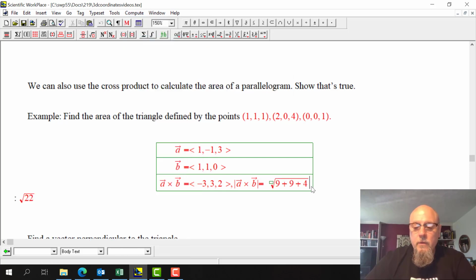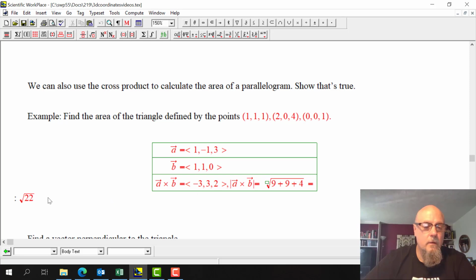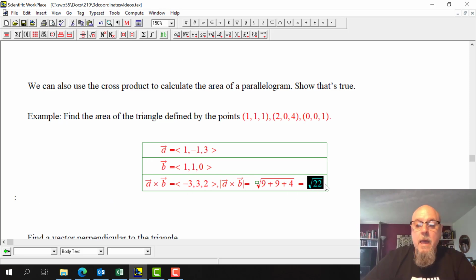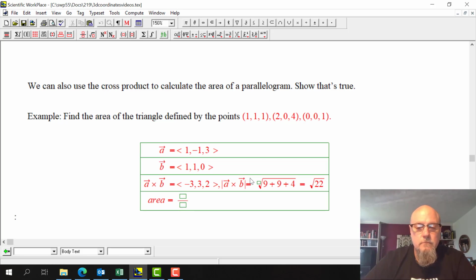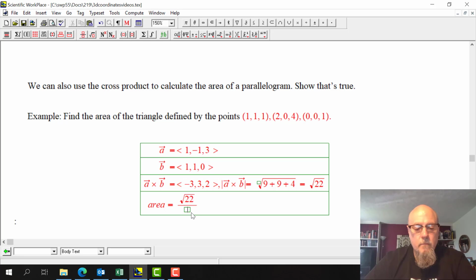So root 22 is the magnitude, and that would be the area of the parallelogram, but I want just the triangle, so I want half that area. So done. That's not too bad.